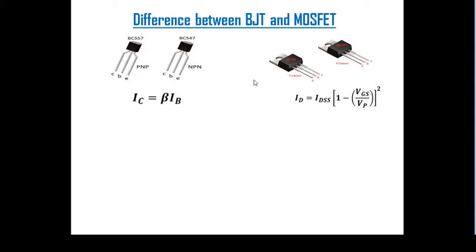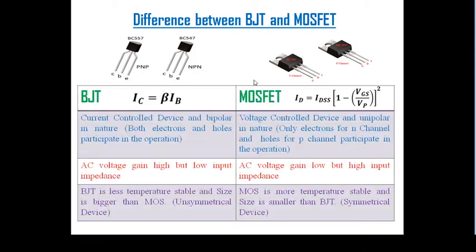BJT, as per the name, is bipolar, and MOSFET is unipolar. One more difference is that BJT is a current controlled device, while MOSFET is a voltage controlled device due to the gate to source voltage, and only electrons for N channel and holes for P channel participate in the operation.